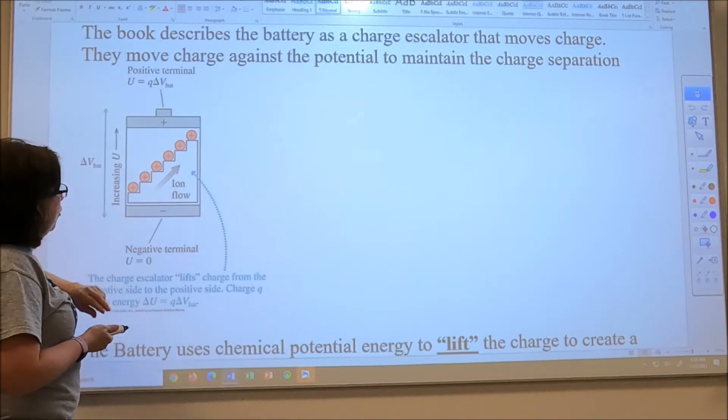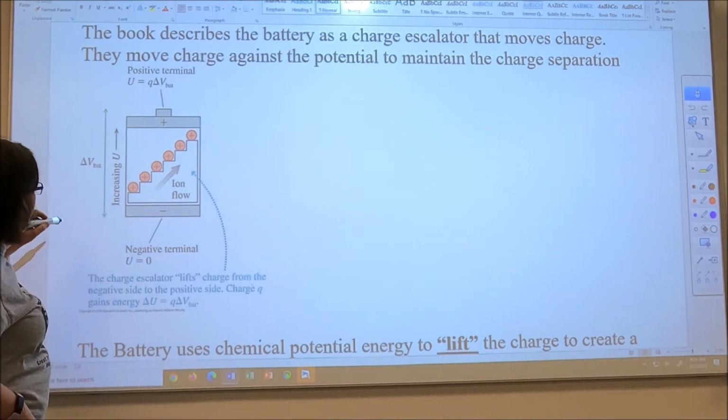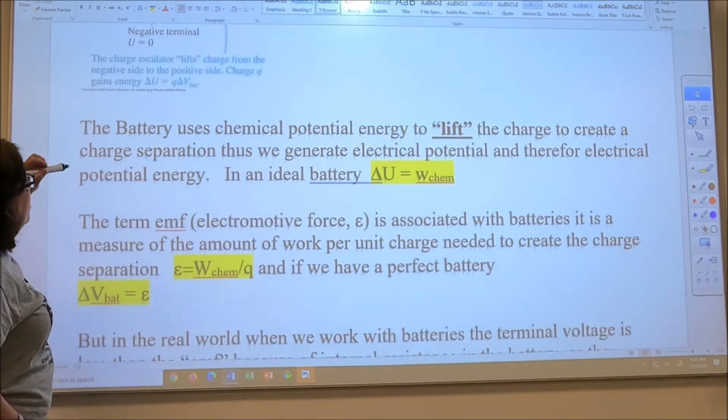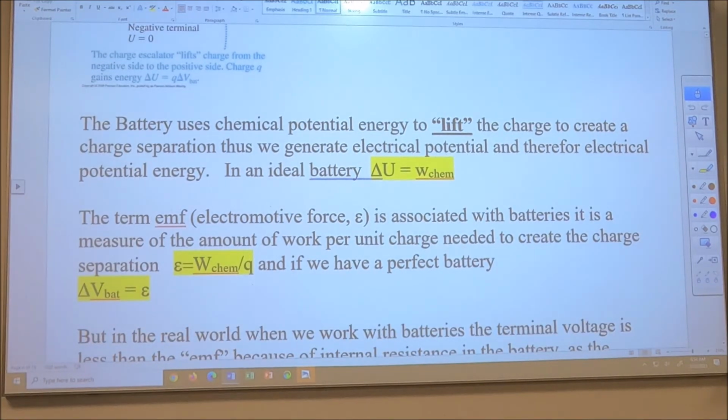Negative particles are shifted toward the negative pole. So the battery uses chemical potential energy to lift the charge to create charge separation. That means we generate electrical potential energy and electrical potential.